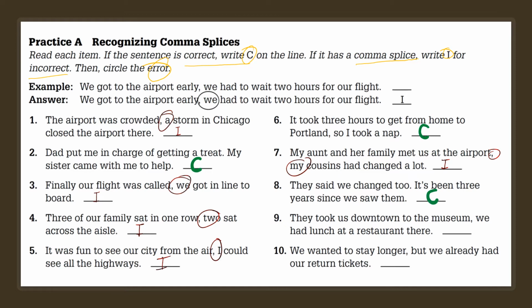Number 9, they took us downtown to the museum, comma, we. This is another sentence, so we should not put that comma there. Full stop is way better. We had lunch at a restaurant there. Number 10, we wanted to stay longer, but we already had our return tickets.